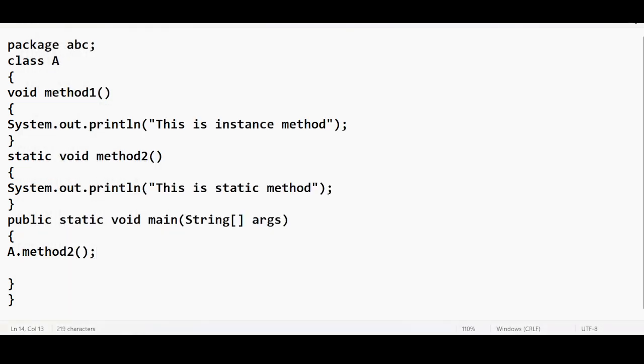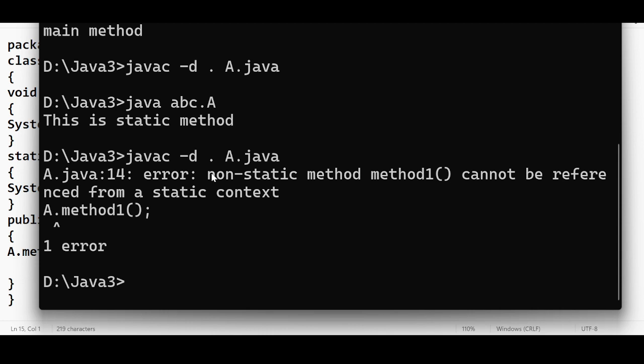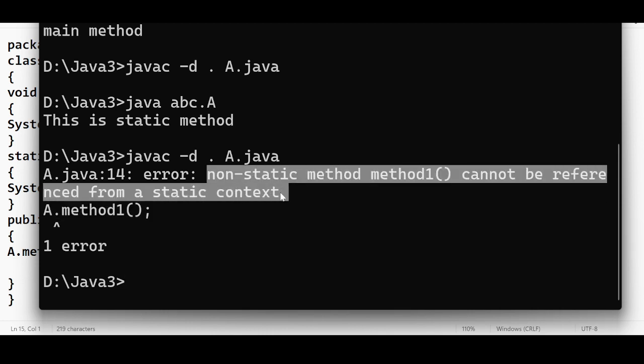Can we do the same thing with a non-static method? That is the question. So this method is a non-static method. Can I call this method just like the way that I have called the static method? It is not possible. By using the class name A, what I am calling is method 1, which is a non-static method. If I try to do this, definitely I am going to get an error: non-static method cannot be referenced from a static context.